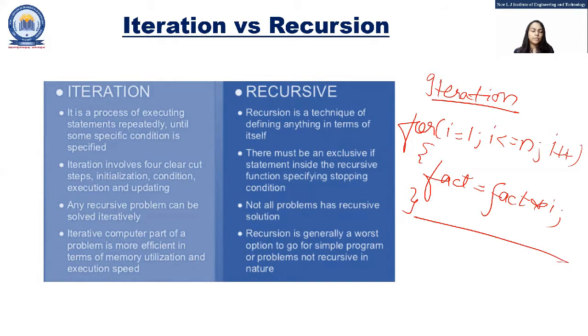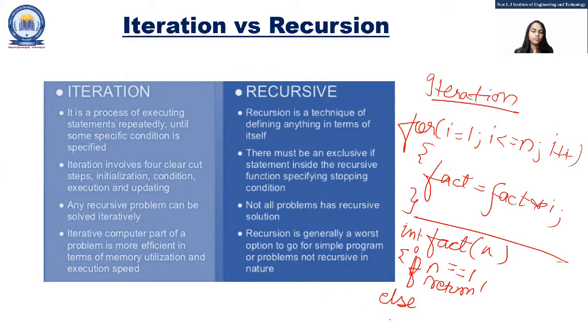And the same thing we have just seen, how we can write in terms of recursion, factorial of n. If n equals 1, we have to return 1, else we have to return n into factorial of n minus 1.